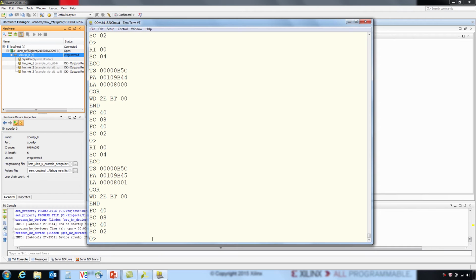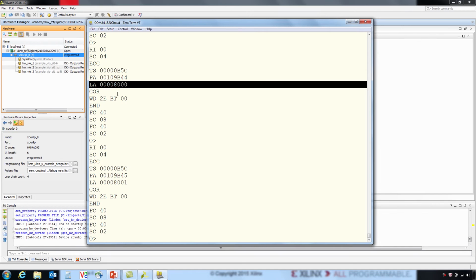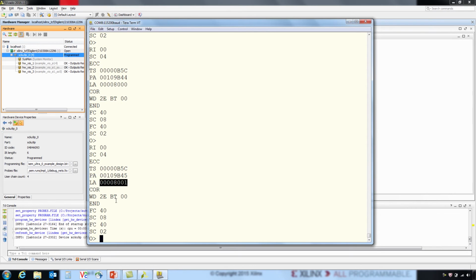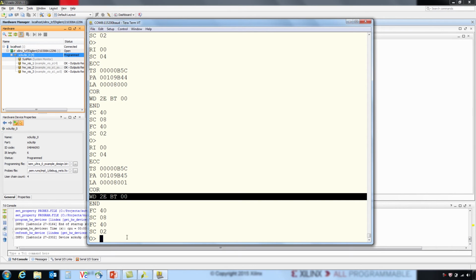Okay, fabulous. What I see here is at linear address 8000, it corrected this bit, and at linear address 8001, it corrected this bit. So that test also succeeded.